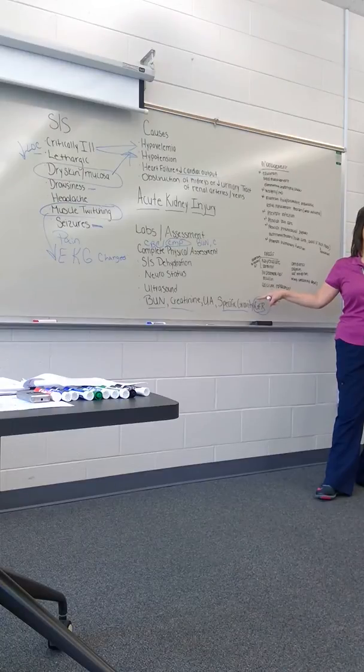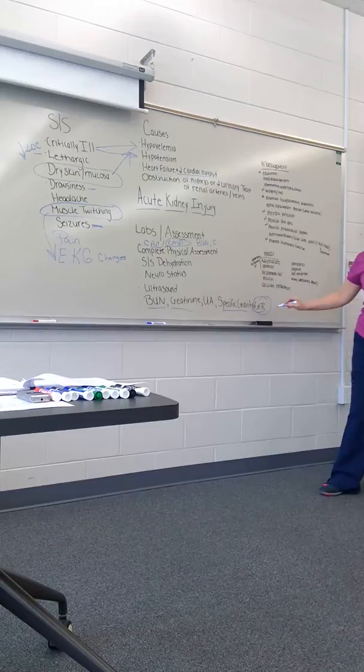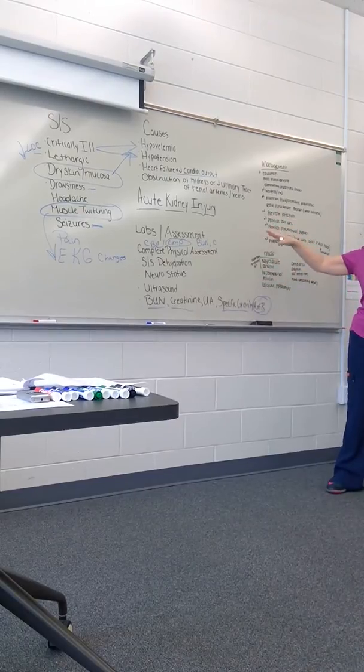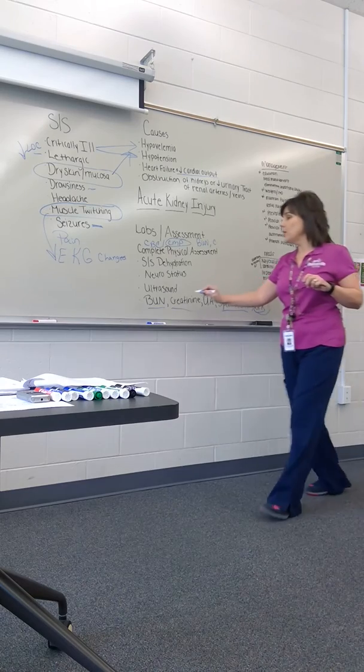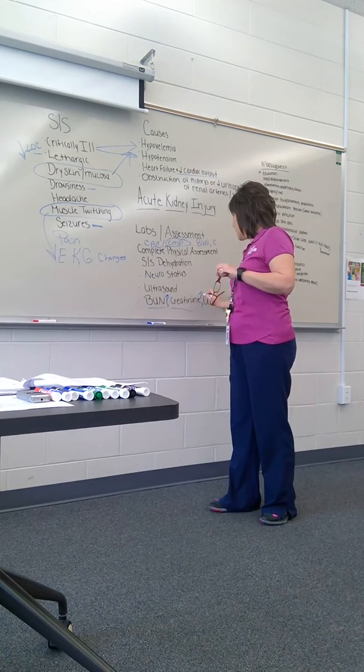So what is creatinine? What do we test when we're looking at creatinine? What's it the end product of? You may know? Muscle metabolism. Okay. And then specific gravity. So if we're looking to see if the patient is in acute kidney injury, so we've got a BUN that is elevated, a creatinine that is elevated.